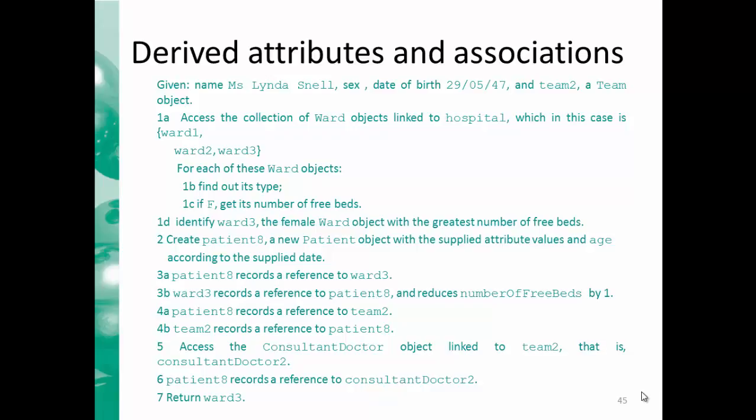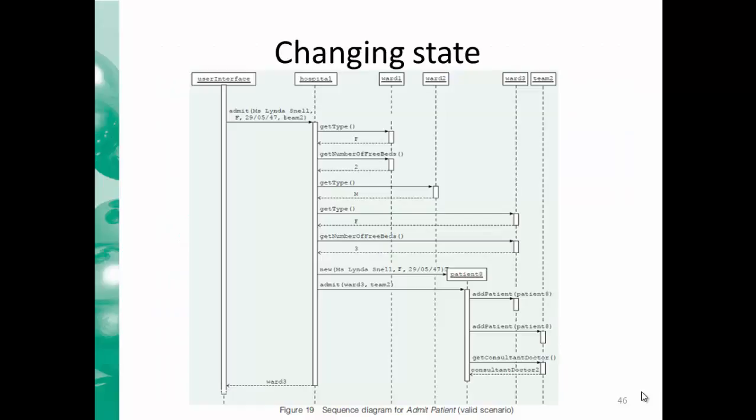This scenario was covered before when we described how we build new objects and add a patient to a ward. The full scenario and sequence diagram for admit patient is shown here. You can see that patient 8 is accepted in ward 3, and the number of free beds is decreased because of that admission.